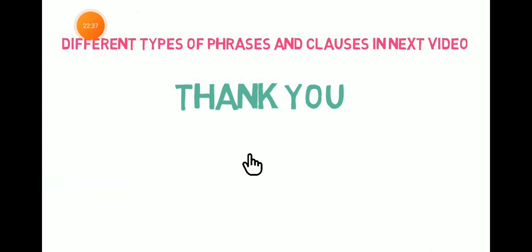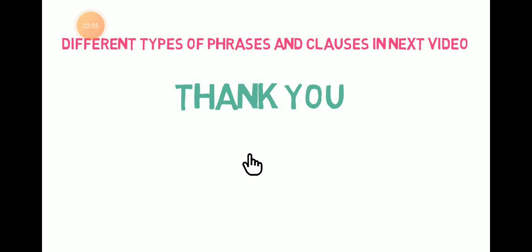So we learned about phrases versus clauses, and we discussed what phrases are, and among the clauses there are types, dependent and independent, and we have discussed both of them deeply. Okay students, so you know what phrases and clauses are, and that clauses are divided into dependent and independent.